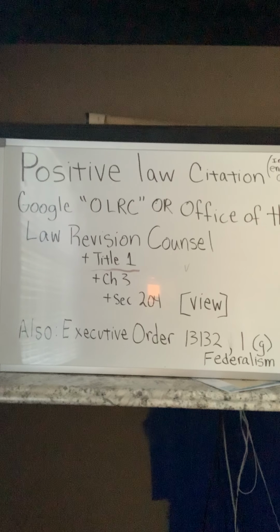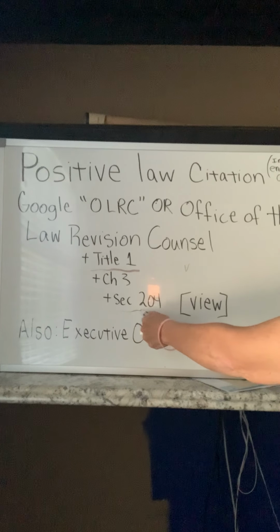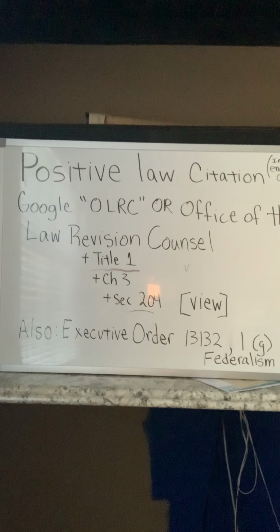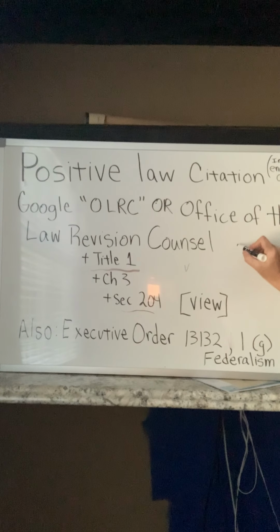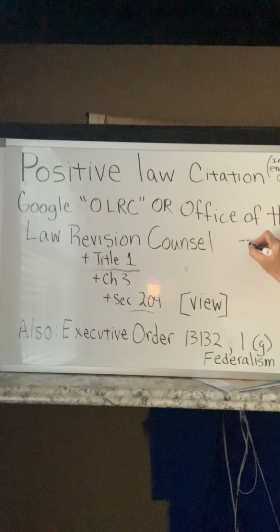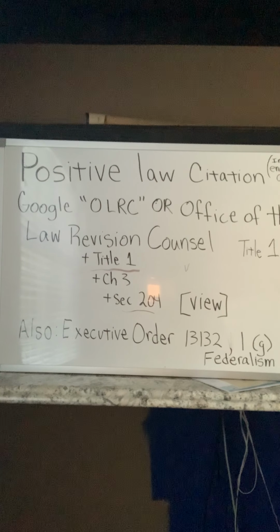December 9th, this text contains laws. If you go to Section 204, this is the way they cite it. So if it's made positive law, you would cite it this way: Title 1 U.S.C., United States Code.